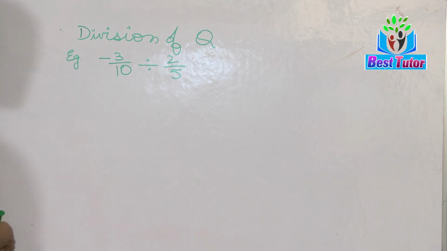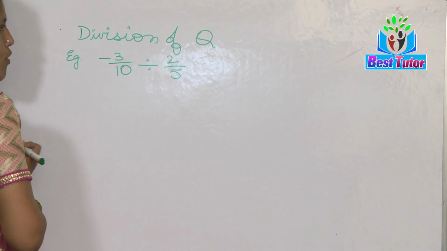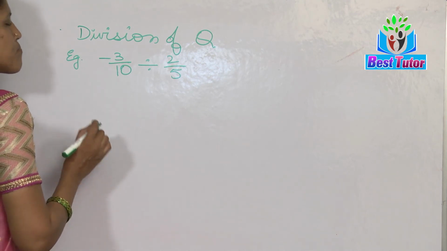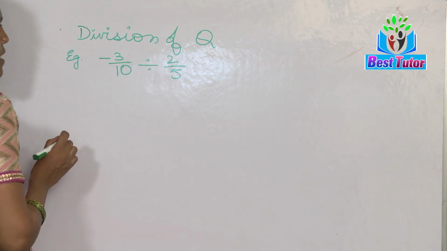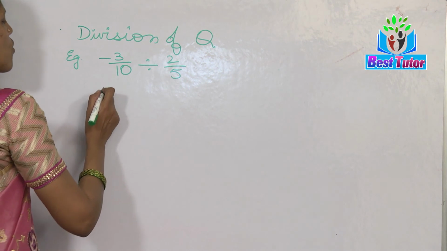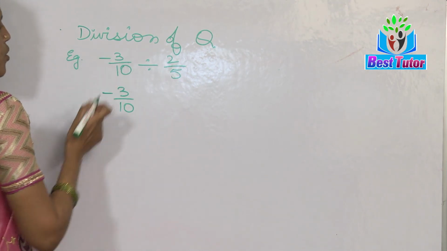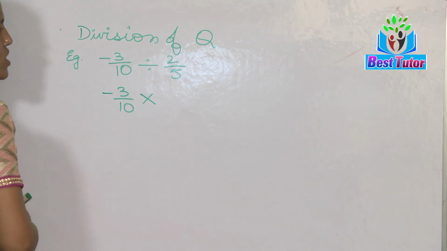Minus 3 by 10 divided by 2 by 5 is the question. The best principle to be followed in mathematics is to convert the complex problem to a simple problem. Division appears to be a little complex, multiplication appears to be very simple. So my aim is to convert this complex problem of division into a simple problem of multiplication.